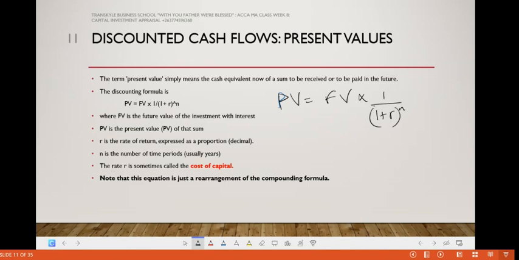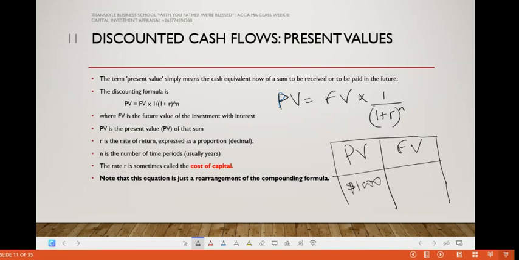Okay, I hope this table will assist us. PV, FV. All right, let's say you want to invest 1,000 today, and then you earn, let's say, 1,300.